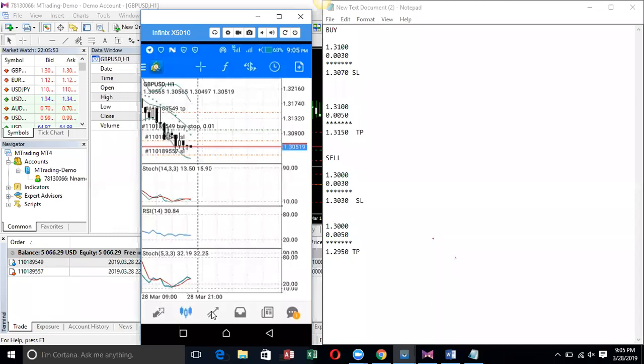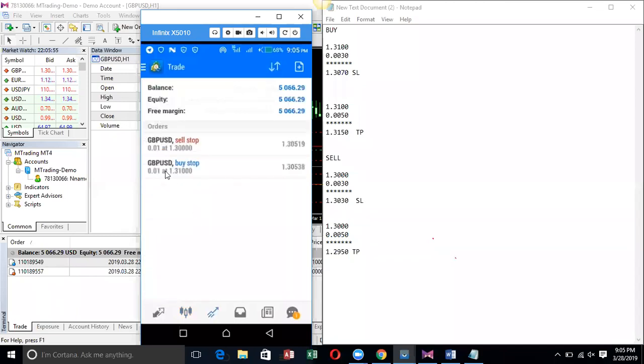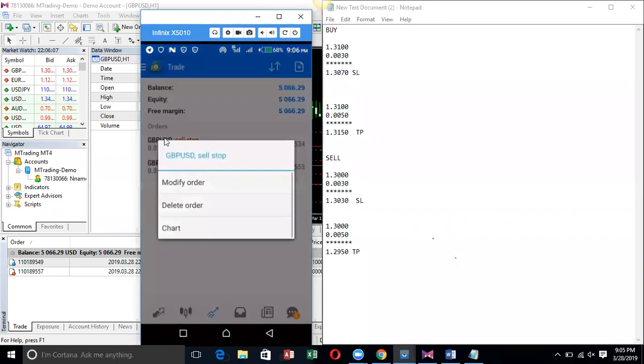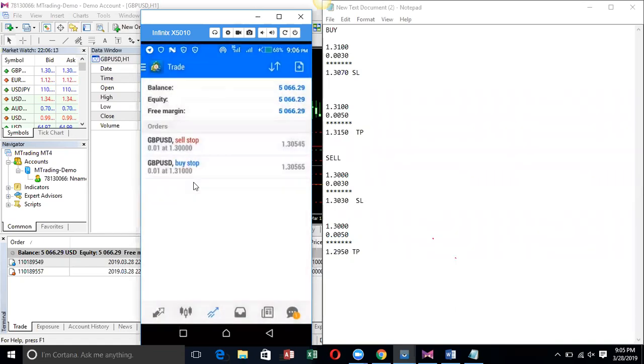So should we want to modify it, remember, we'll do what? We'll tap and hold any one we want to modify for some seconds. It will give us options. Can you see the option it gave us? Modify order.